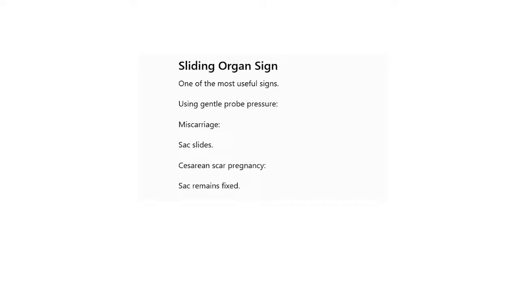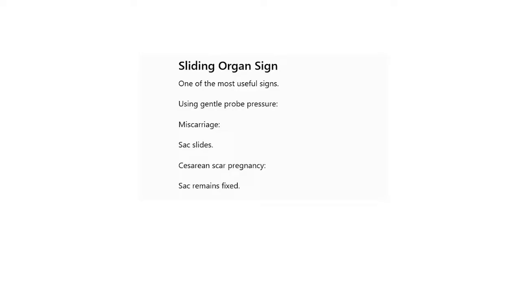So now, the sliding organ sign, one of the most useful signs. If you remember when we were discussing endometriosis, we spoke about the sliding sign. Using gentle probe pressure, in a miscarriage the sac slides, in a cesarean scar pregnancy the sac remains fixed.